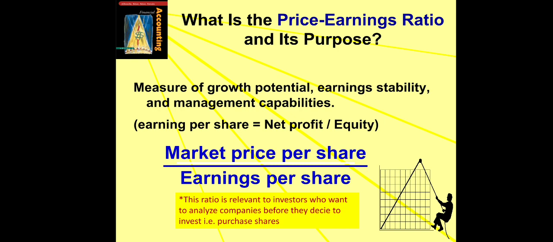This ratio is not compulsory for you to follow or to know in this course, because to calculate the price earning ratio, you have to know the market price per share and also earnings per share. So shares is related to companies, but in this course you only learn about sole proprietorship, service business, so it's not important.